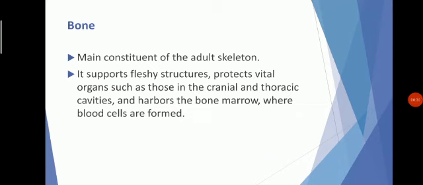Bone is the main constituent of the adult skeleton. It supports fleshy structures, protects vital organs such as those in the cranial cavity, that is the brain, and the thoracic cavity, heart, lungs, and major blood vessels, and harbors the bone marrow where blood cells are formed.